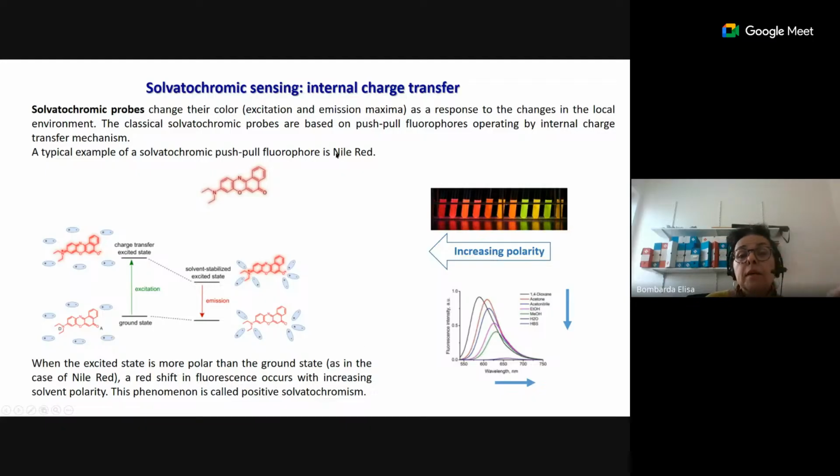That is an example, and Nile red is one of the most famous of such type of probes for detecting polarity.